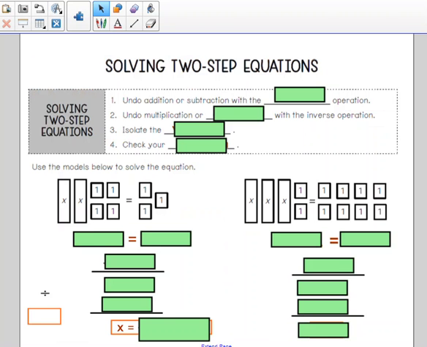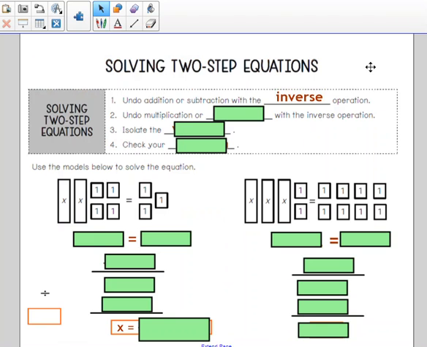That being said, let's begin solving two-step equations. There is a series of steps we will follow to help us solve two-step equations. Doesn't matter if we're talking rational numbers, whole numbers, integers. This is the same series of steps that we're going to follow. The first step is that we want to undo addition or subtraction with its inverse operation.